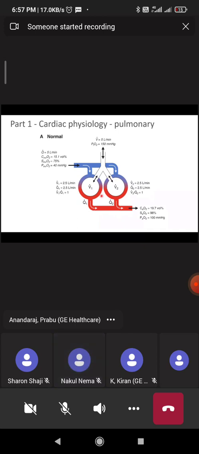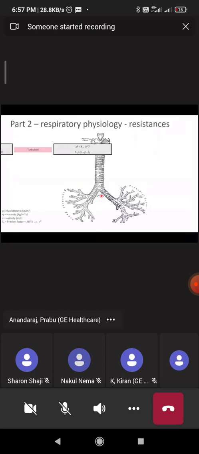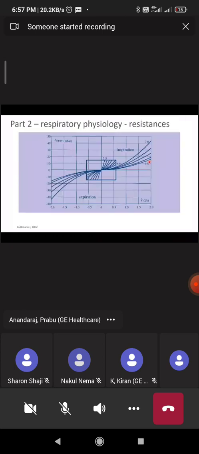The size of the tube, for example 9 or 7, on this axis we have the pressure required, and on this axis we have the flow.